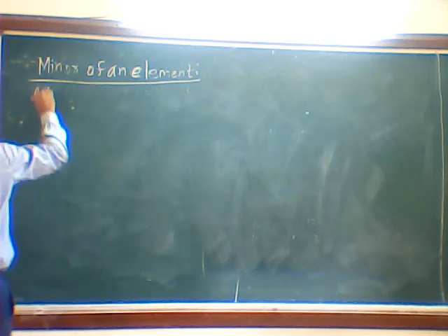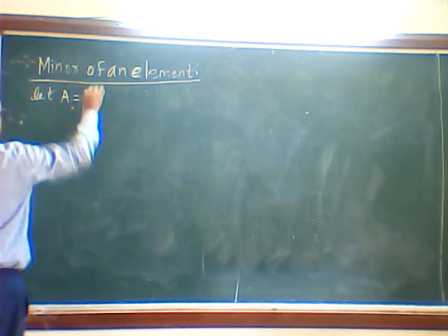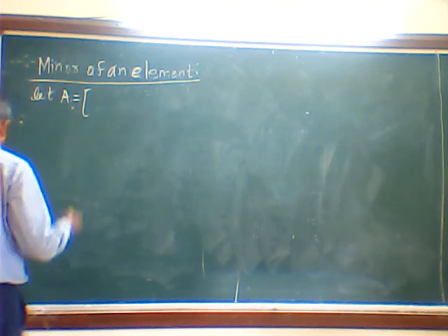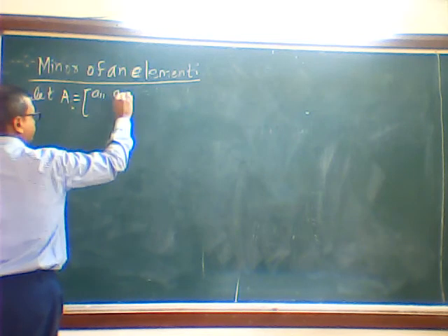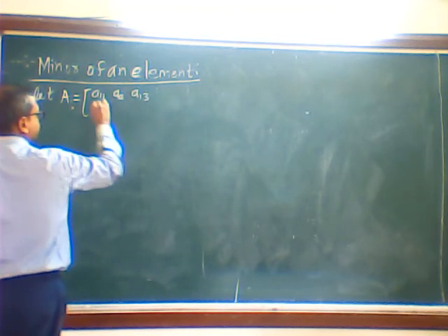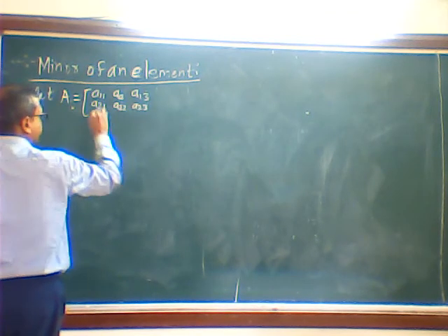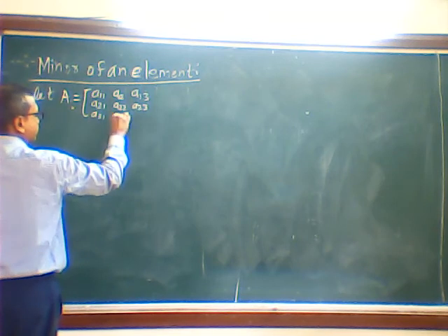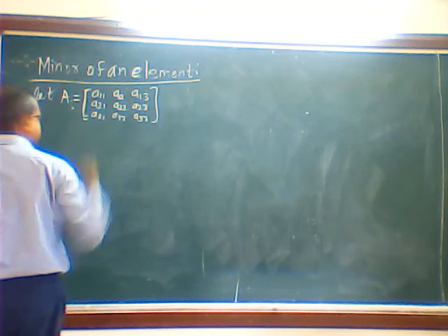Let A be equal to the matrix with rows A11, A12, A13; A21, A22, A23; A31, A32, A33.